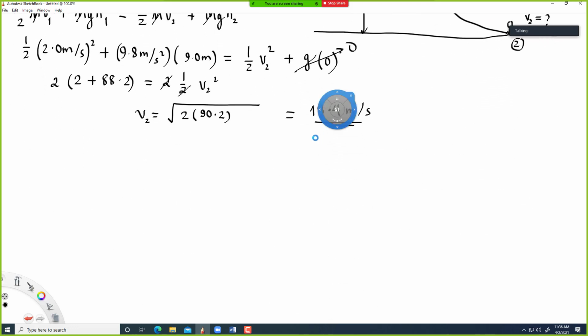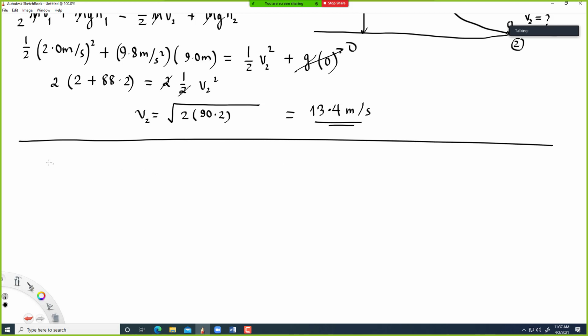Four is exactly the same as this one, a little bit different, but the concept is exactly the same. So you have this roller coaster.